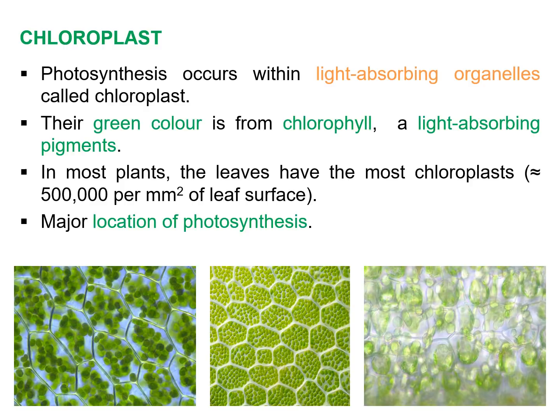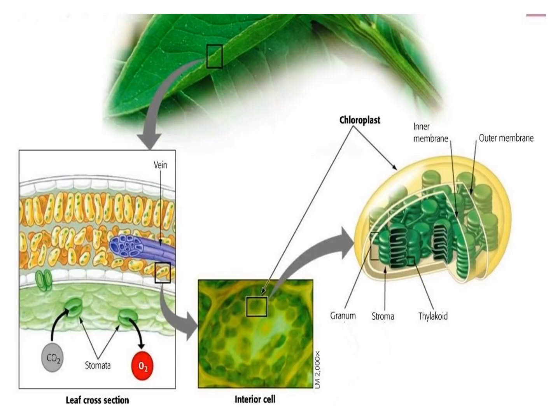And chloroplast is the major location of photosynthesis. Here we can see the diagrammatic features of the chloroplast together with the microscopic structure of its interior.